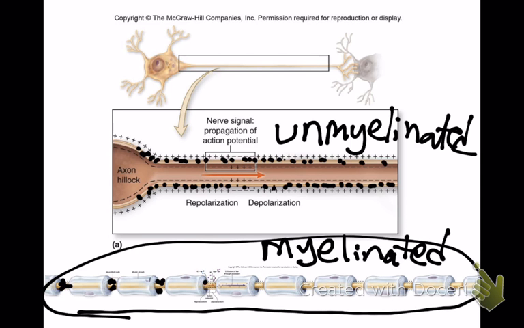Which one looks like it has more gates to you? Unmyelinated. Which one seems more efficient to you? Myelinated. Which one seems faster to you? Myelinated. And the reason it's faster has to do with a couple of things, one of which you can tell from this picture and one of which you can't.